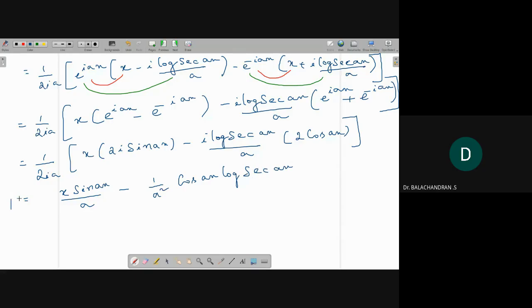I think we got pi here. So the final answer is y equal to cf plus pi.